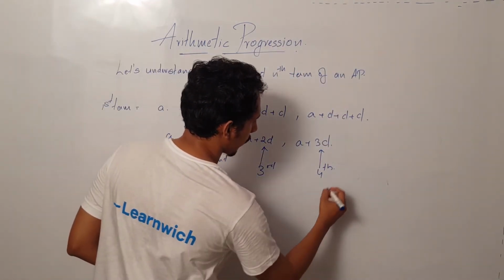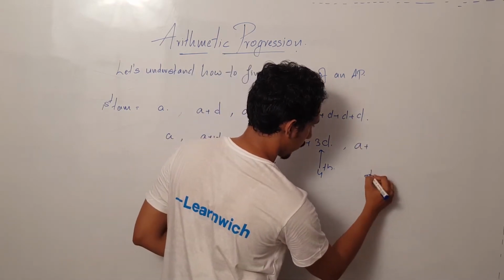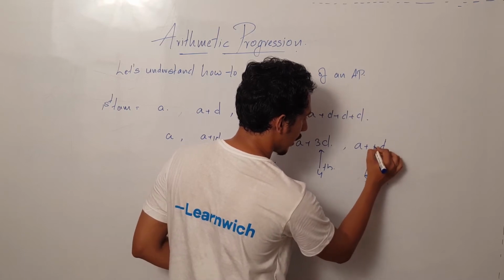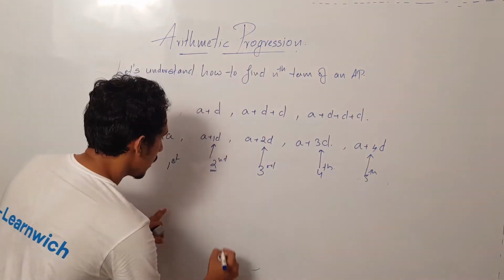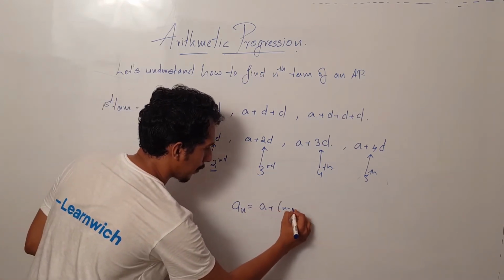So can I say, what will be the fifth term then? Fifth term will be A plus, what will be the number in front of D? It will be 4D. So can I say the nth term is A plus n minus 1 into D?